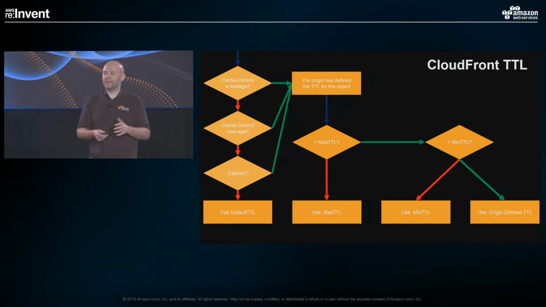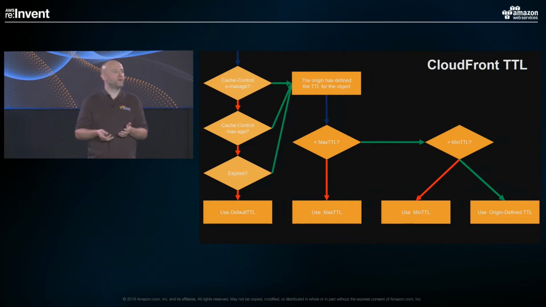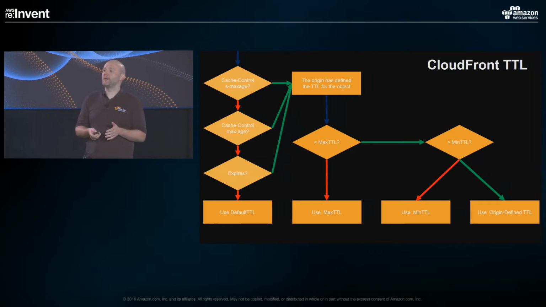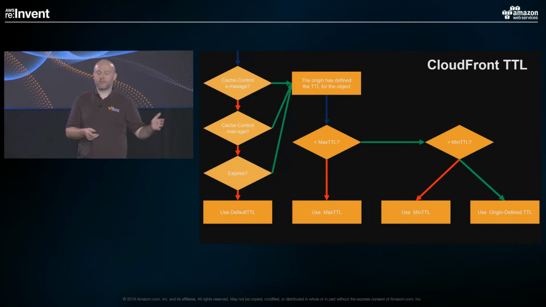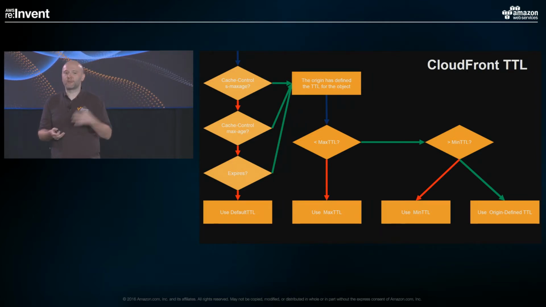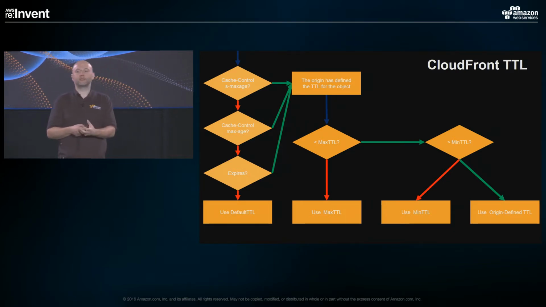So eventually, and this is for every single response, the TTL is defined for CloudFront to store in its cache. Now, one thing to think about: if CloudFront has used a minimum TTL or a maximum TTL to change the TTL that's actually defined by the origin, CloudFront doesn't update the cache control header. It will still send that directly to the client.